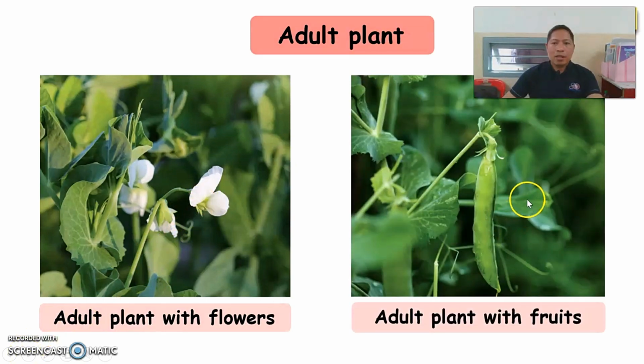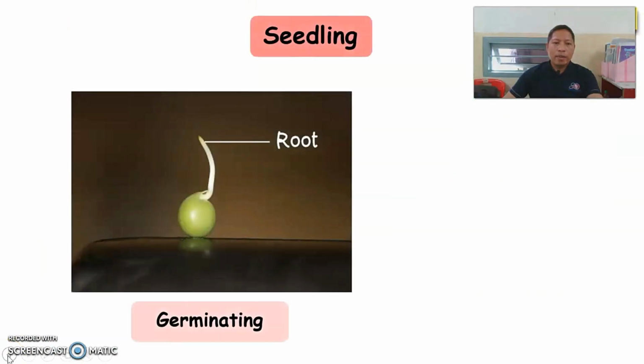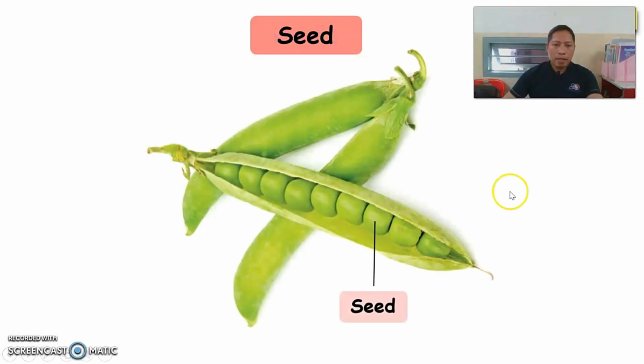So this is what will happen after the flower. It becomes a fruit, and after a few days or a month, this fruit produces seeds again. It all started with the seeds.